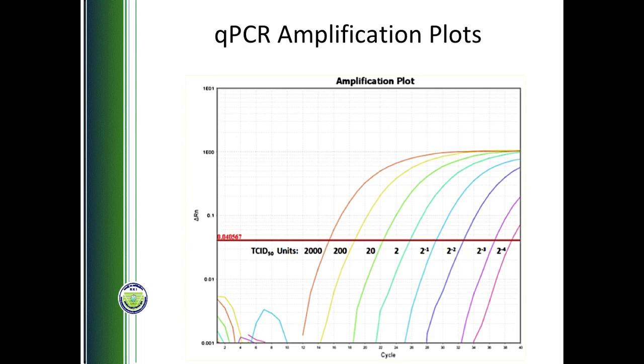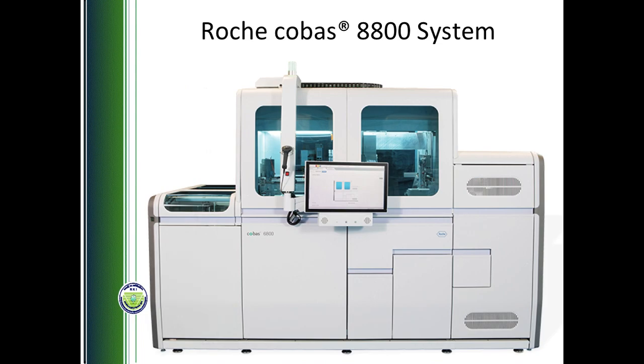Nowadays, in order to process a very large number of samples, a more advanced system than the Applied Biosystems 7500 Fast is also available, which is known as the Roche Cobas 8800 system. The advantage of this system is that it is a fully integrated, fully automated system where the transport media in the test tube is directly placed in a rack.